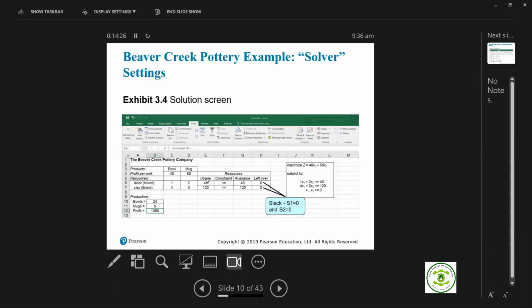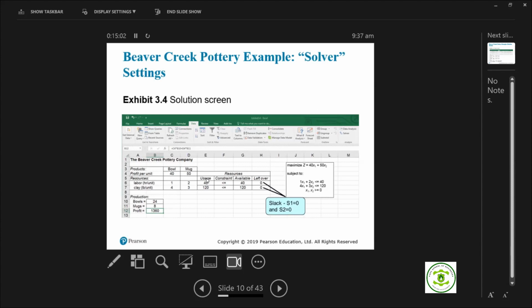So the solution tells us that we have no leftover. Remember that the leftover, I said, is called the slack variables. And we said that the slack variable is the quantity you need to add to the left-hand side, so that the inequality constraint will become an equality constraint.